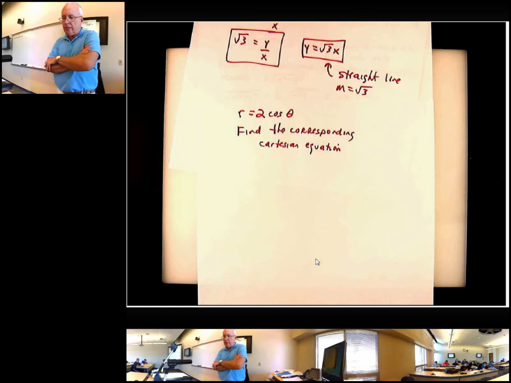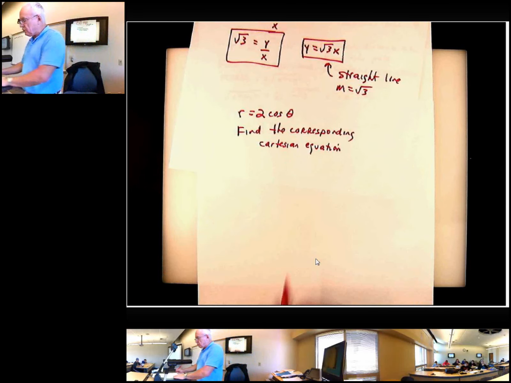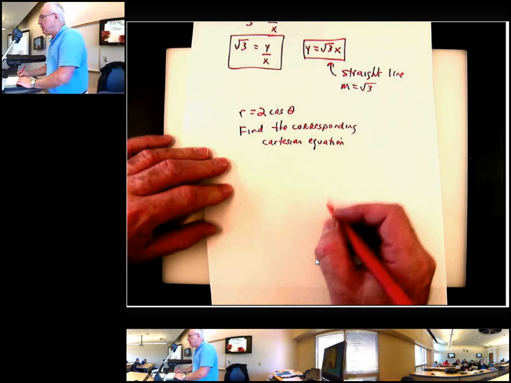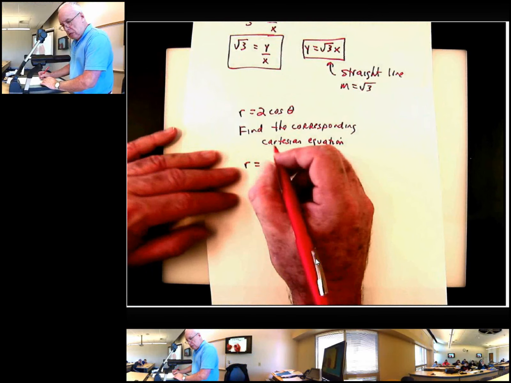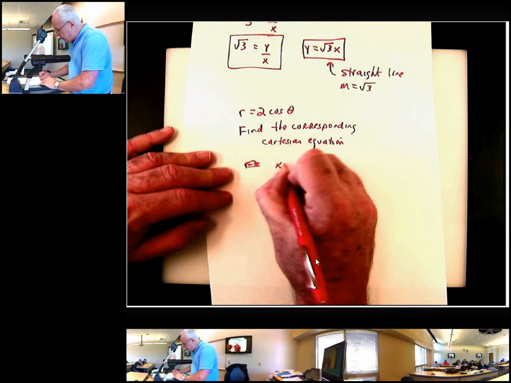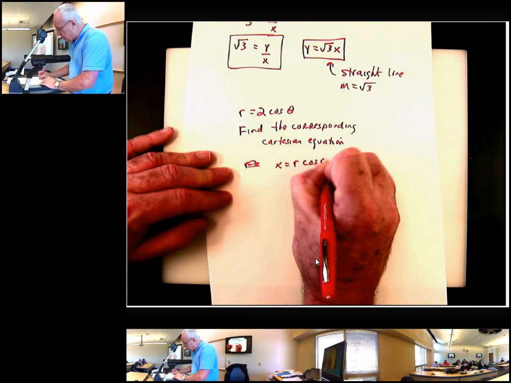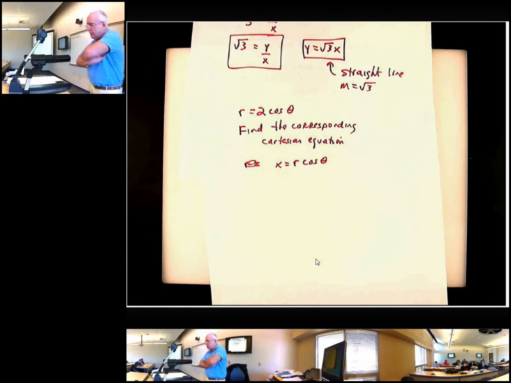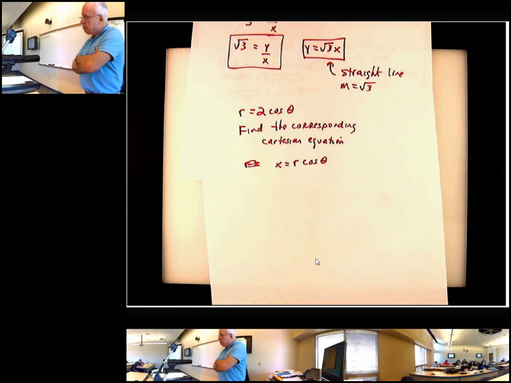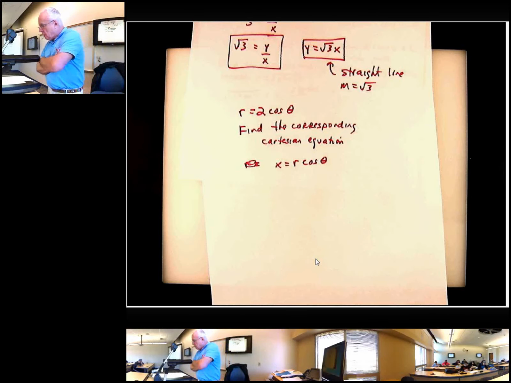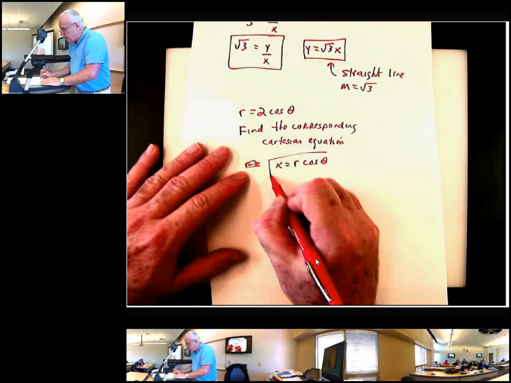Well, let's just throw down some things on the paper and see what we come up with here. We know that x is equal to r cosine of theta, right? Okay, that's one thing we know.